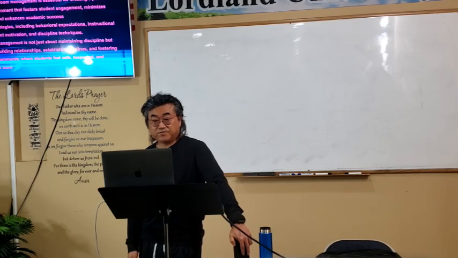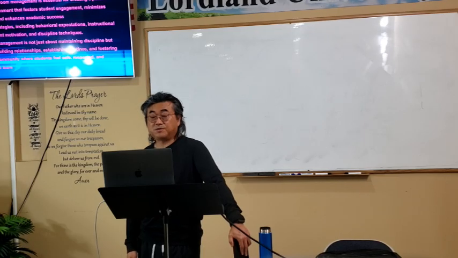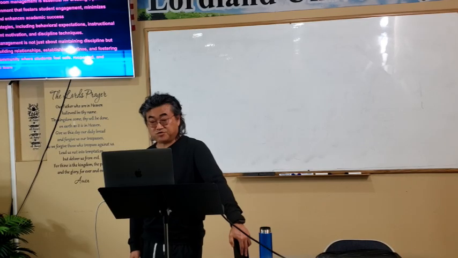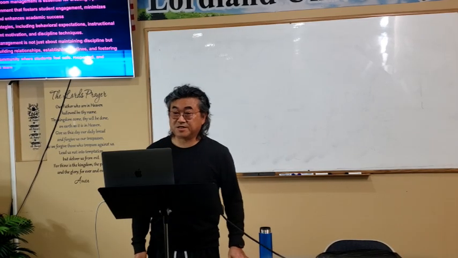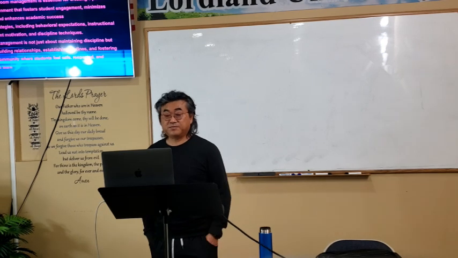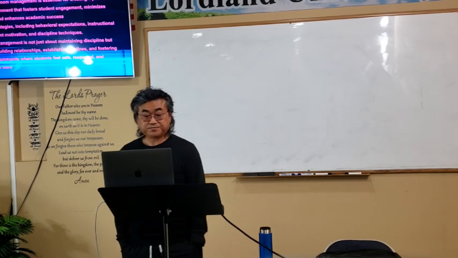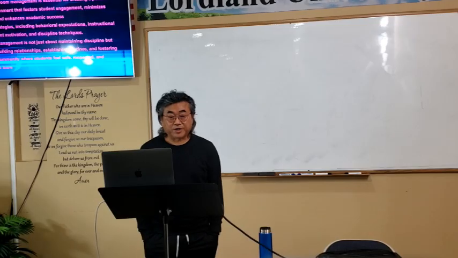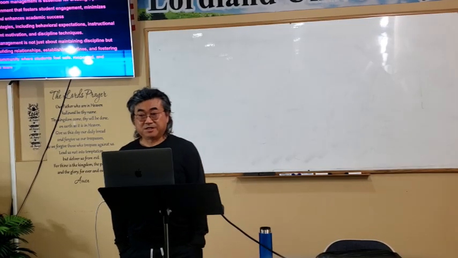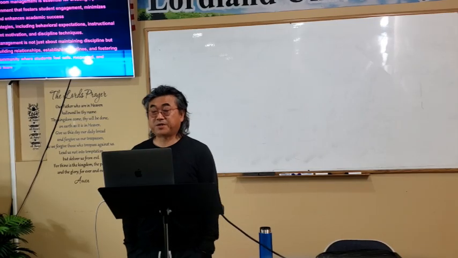Okay, you can create more positive learning environments. Okay, you can make more students engaged in classroom. Also, you can minimize problems, disruption. Eventually, you can succeed in your academic goal. Okay, the range of strategy, it includes behavior expectation.